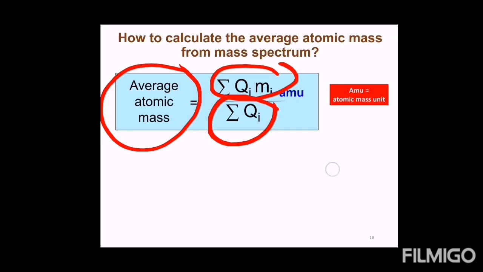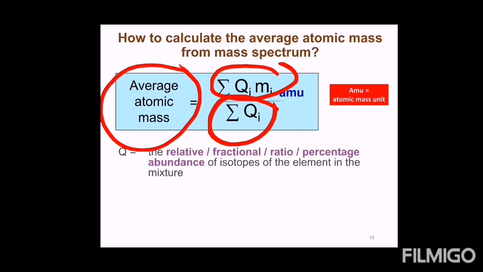Okay, and then what is Q? You already know. Before this, I already explained to you all about the Q, right? The relative, or the fractional, or the ratio, or the percentage abundance of isotope of the element in the mixture. Meanwhile, for the M, the isotopic mass of the element in unit AMU.